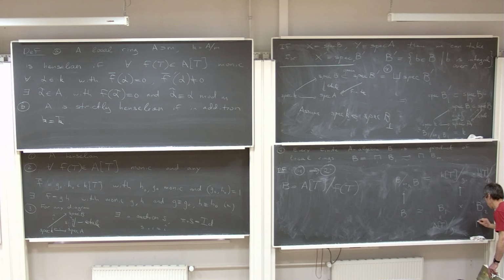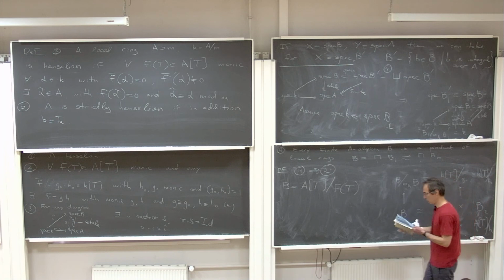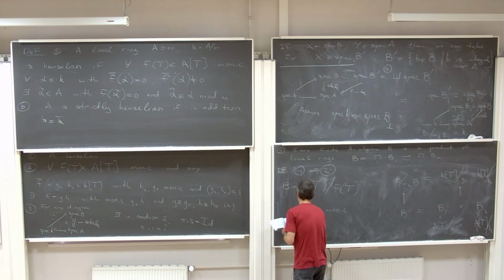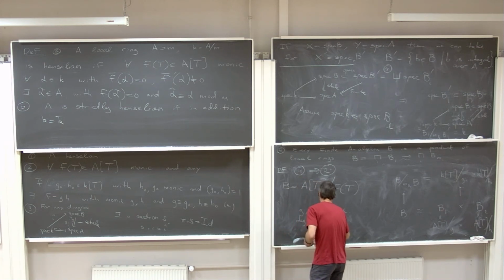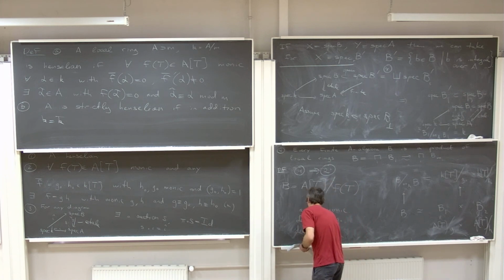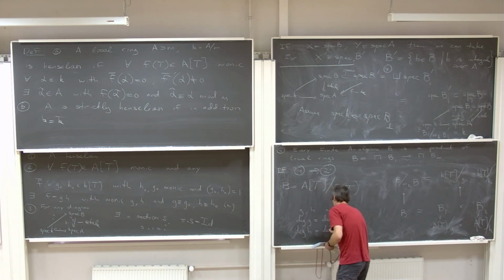So this is B, this is A of t modulo h. So here G and H are monic, and degree G is equal to degree G0, degree H is equal to degree H0.